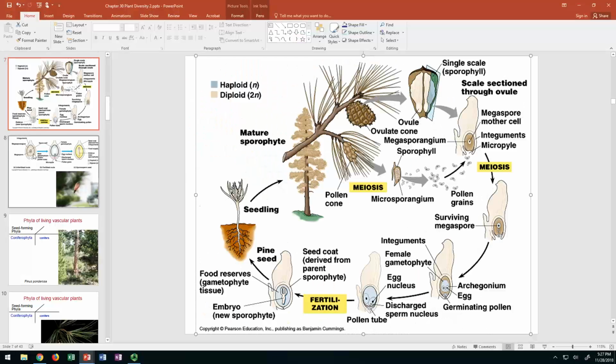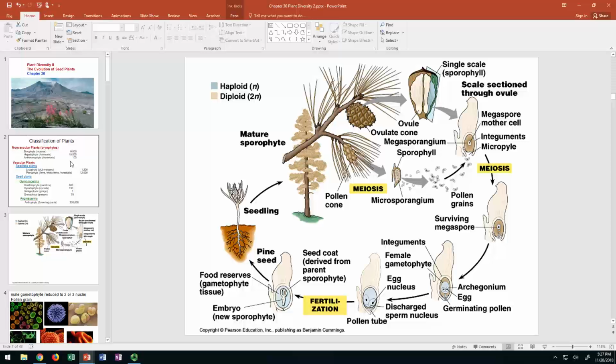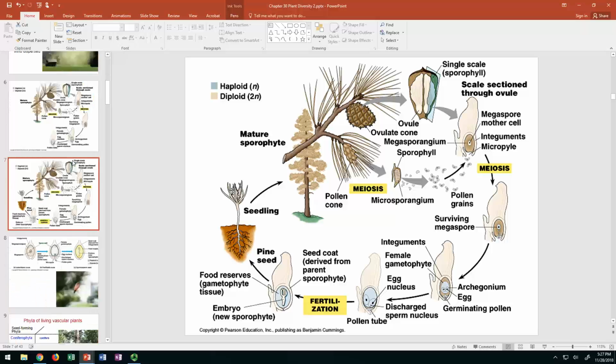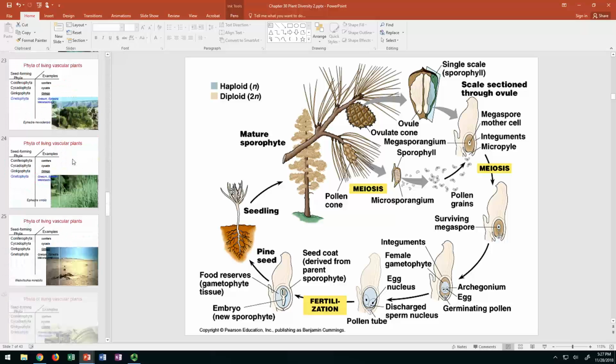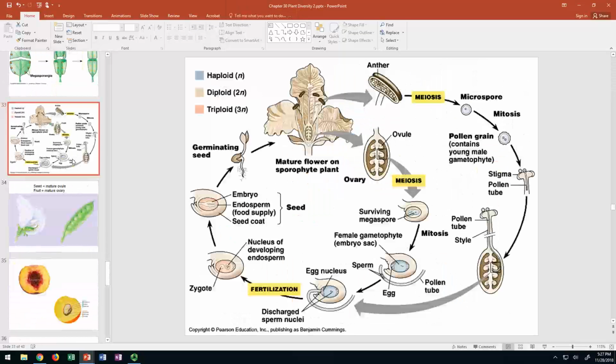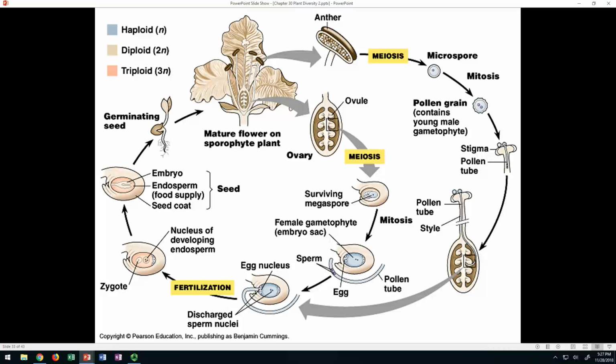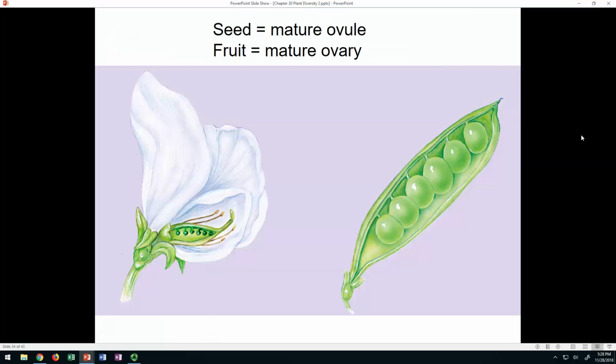Did I miss any? So we did non-vascular, and then seedless vascular, and now seeded vascular, right? Is there another cycle we can look at? That might have been all of them. What's this?